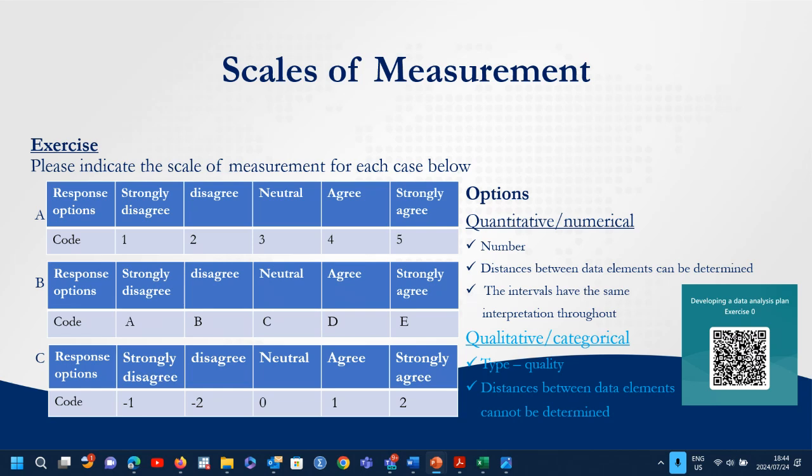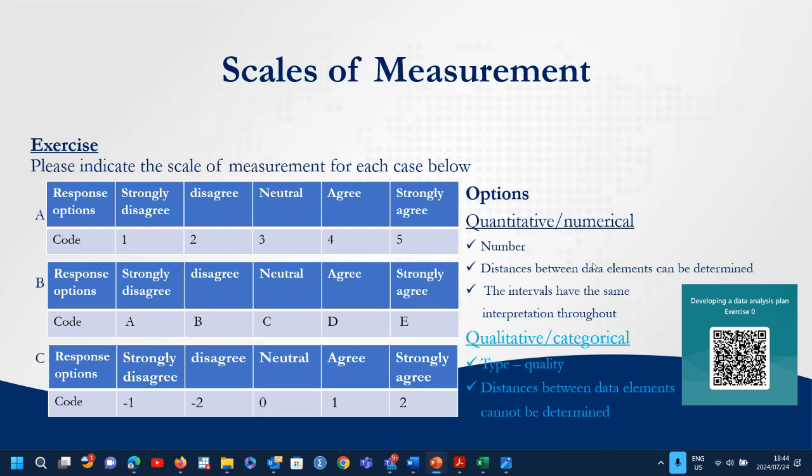So I'm going to ask Bronwyn that before we proceed, maybe we can try this exercise 0, just to see if this is one of the ones where there are many questions around it as to whether we should treat it as continuous or as a categorical variable, this type of scaled variables.